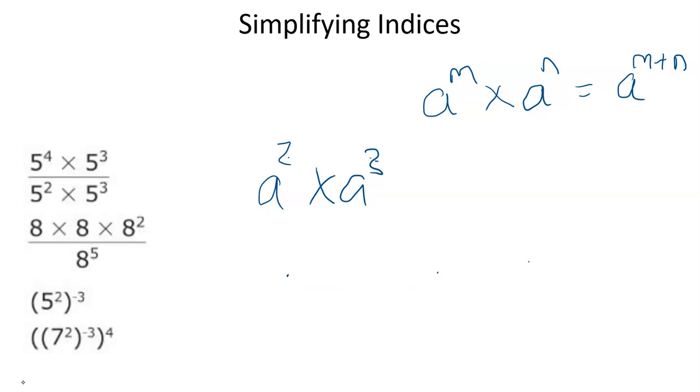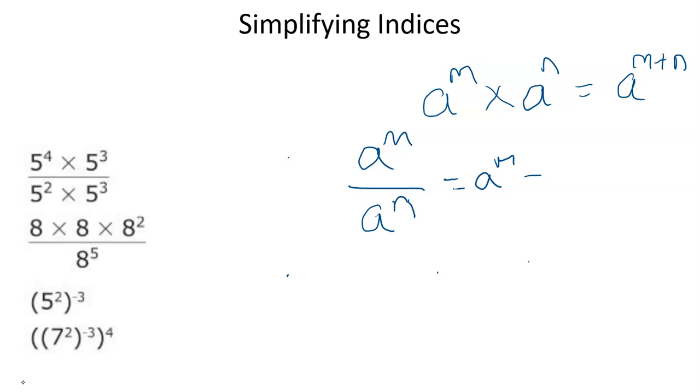In the opposite way, if you divide them, if you say a to the m divided by a to the n, that's also fine. When you are dividing the same number with different powers, you are doing the same as that number with the powers subtracted.